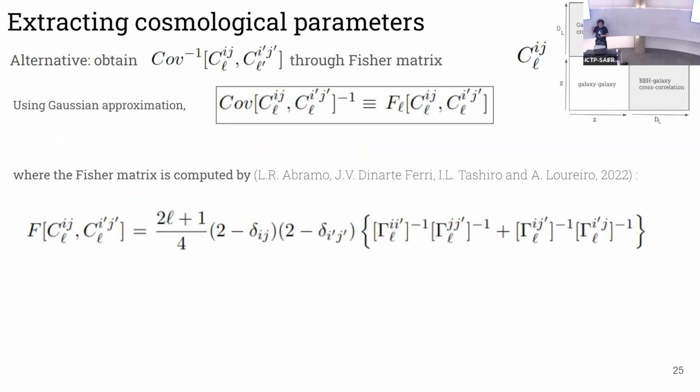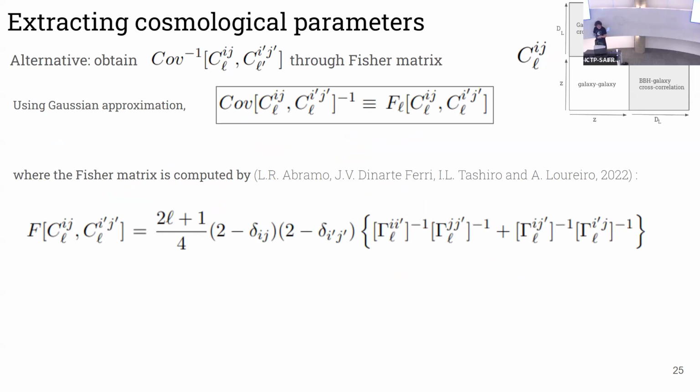So let's tackle the first problem of obtaining a covariance matrix. Well, we resort to the Fisher matrix, and with the Fisher matrix, the inverse covariance is just the Fisher matrix. In a previous paper, we showed that the Fisher matrix for the angular power spectrum can be written in terms of the inverse of the correlation matrix, which is quite simple to obtain.